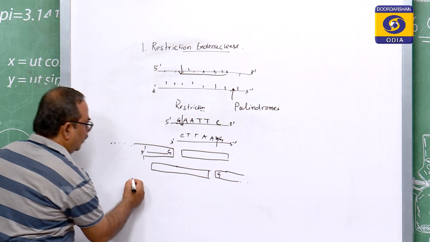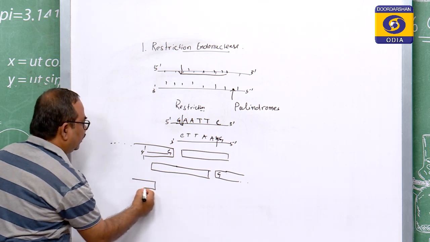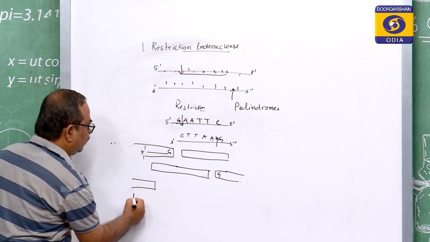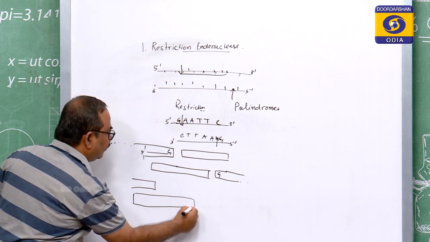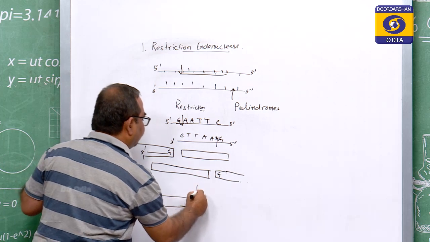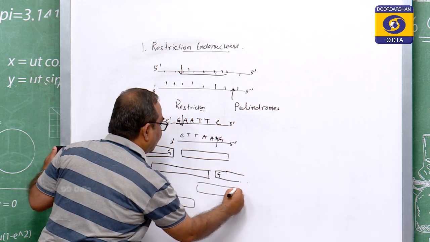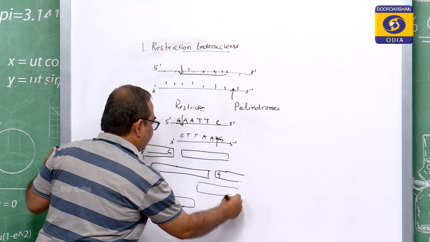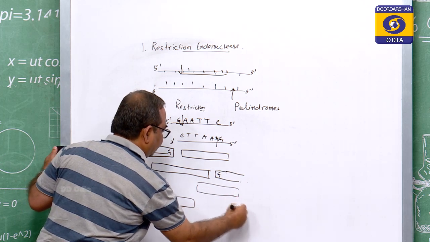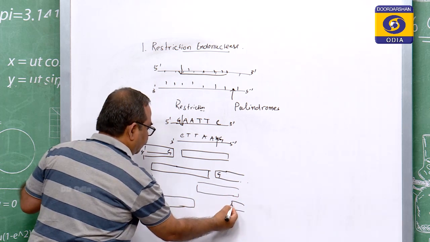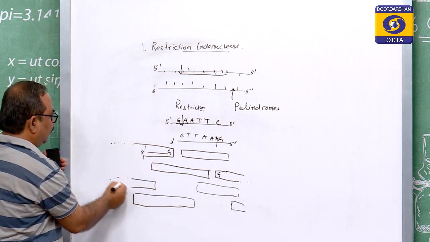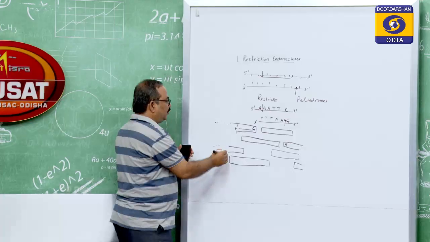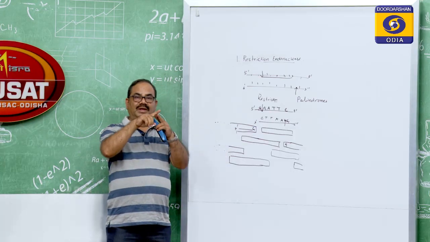Now, after it has been acted upon by the restriction endonuclease, we shall see this is one strand and this is the other one. And we shall see here this is producing a protruding end.